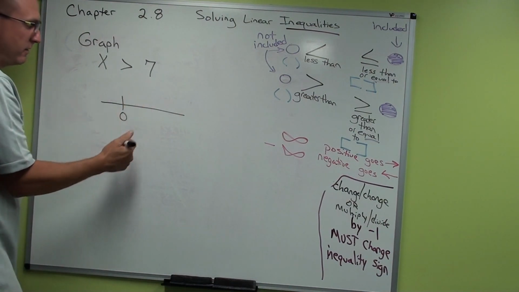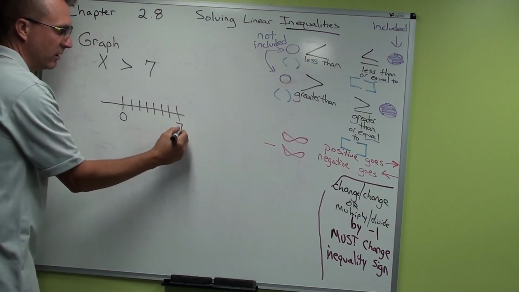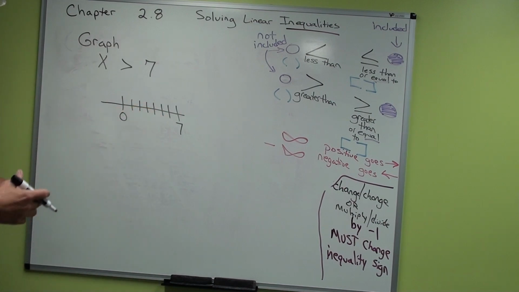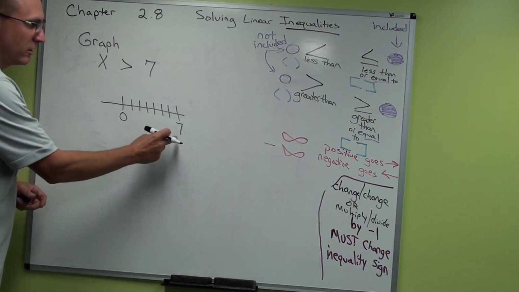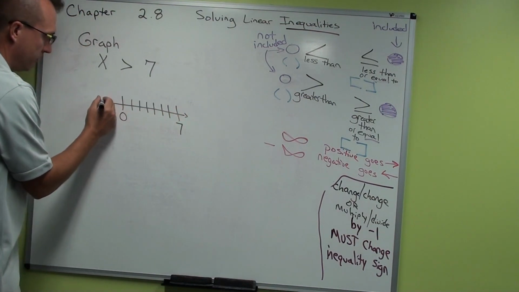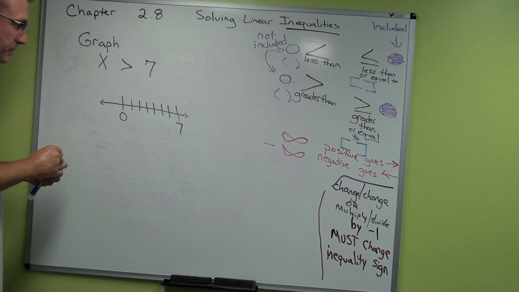This is positive 7. 1, 2, 3, 4, 5, 6, 7. And I'll just label. We don't need to label all of them, right? Because we're doing this by hand. When you're on the computer, it'll be a little more precise, or a lot more precise. Right? So that's at 7. That's good. There'll be a little arrow going this way, a little arrow going that way, because the numbers never stop on a number line.